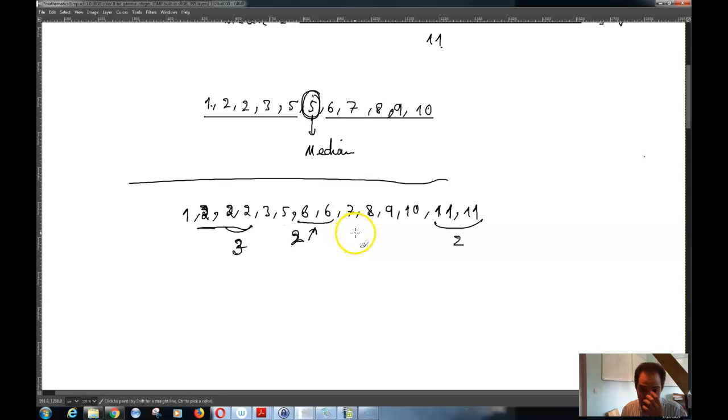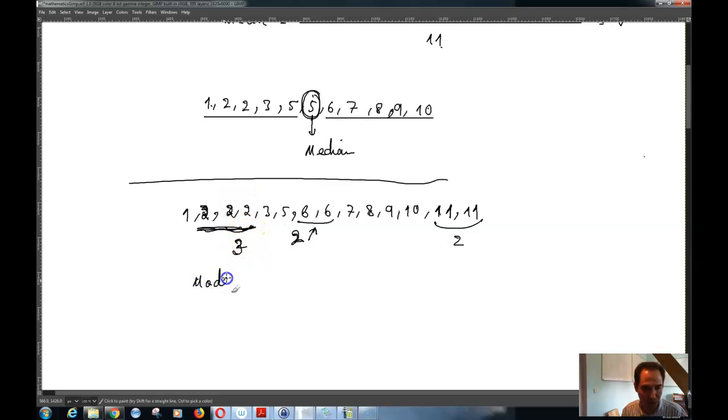Now you can see that 2 has occurred 3 times here. The observation that has occurred the highest number of times in all of your observations is called the mode of your data.